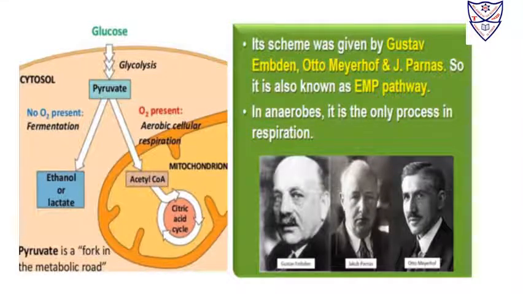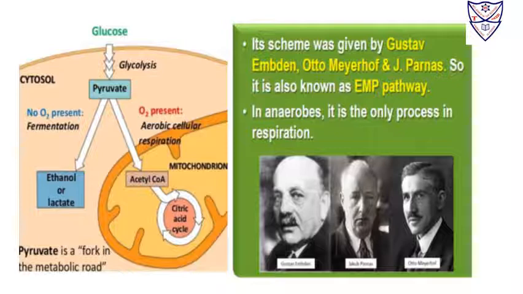This scheme was given by the scientists Gustav Embden, Otto Meyerhof, and J. Parnas. That is why it is called the EMP pathway. In anaerobes, it is the only process in respiration. This is where respiration ends for an anaerobe, with the synthesis of pyruvate.